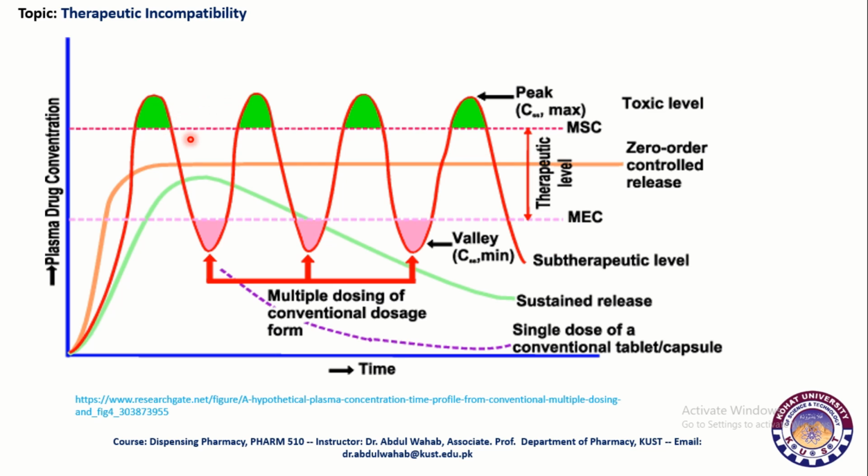If there is incompliance, if the patient does not obey the instruction of the doctor, then therapeutic incompatibility will result. So it is the responsibility of the pharmacist to counsel the patient, to advise the patient for compliance, that the patient must obey the instruction of the doctor. Otherwise, therapeutic incompatibility will result.